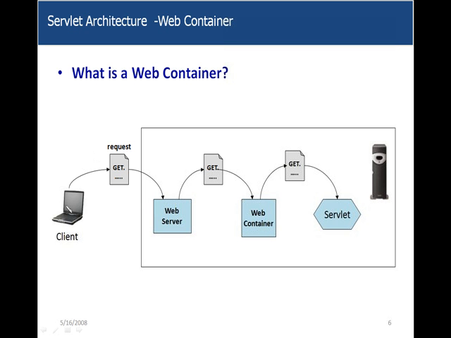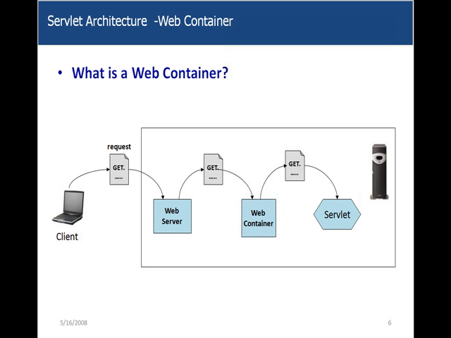The client sends a request to the web server and it's of type get. The web server will now take the help of the servlet to develop the page, because it has to develop a dynamic page and it doesn't have the ability to develop a dynamic page. So it has to take help of the servlet ultimately to develop this dynamic page.